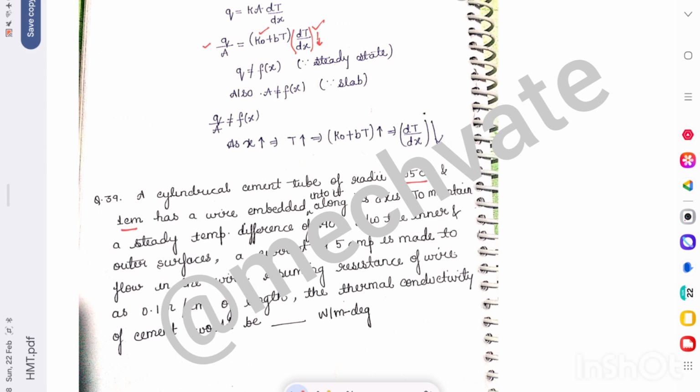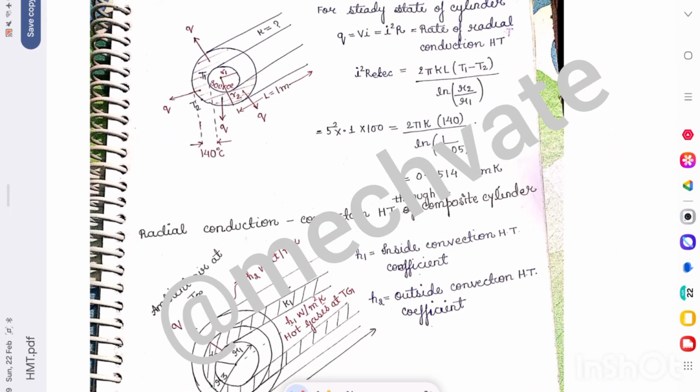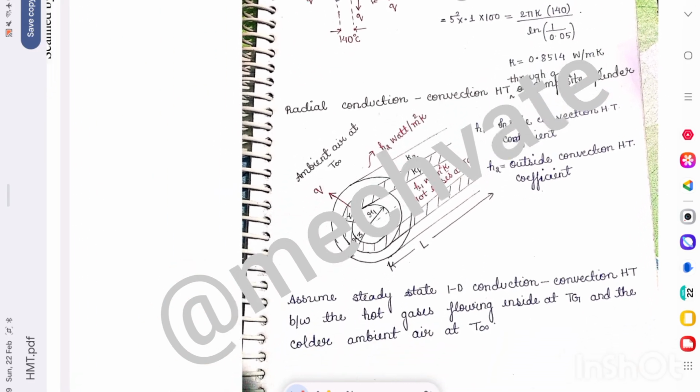To maintain a steady temperature difference of 140 degrees centigrade between the inner and outer surface, current is given, resistance is given. So this also comes for steady state cylinder: Q is equal to VI, and I square R. So the value of Q is given here, okay. Delta T is also given, we have to find k, and the inner and outer radius are also given.